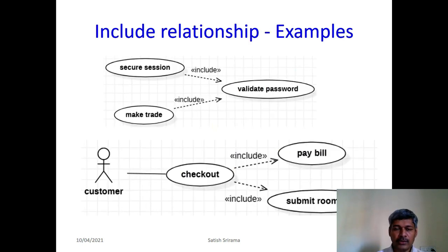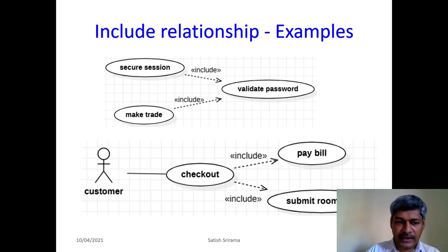Think about a stock purchasing application, a stock broker application. Say it's a web-based application. You need to log into the system, and then you have to make the trade. To have a secure session, it validates the password of the user.